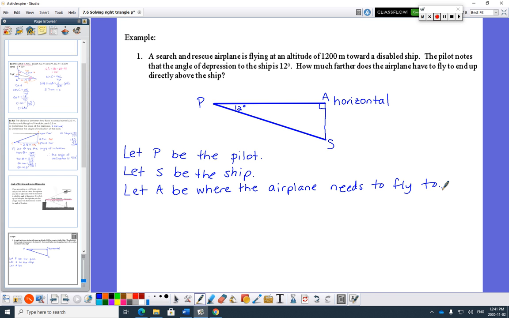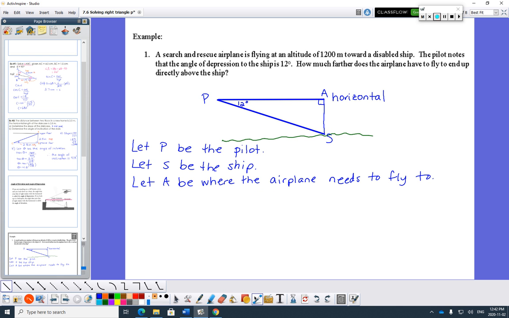So we're given 1,200. That says the search and rescue airplane is flying at an altitude of 1,200. So let's say you want to make the fanciest picture possible. The ship would be in the water, right? So say the water's down here. You might think, well, Ms. Todd, if the airplane is 1,200 meters above the water, wouldn't that be this distance here?